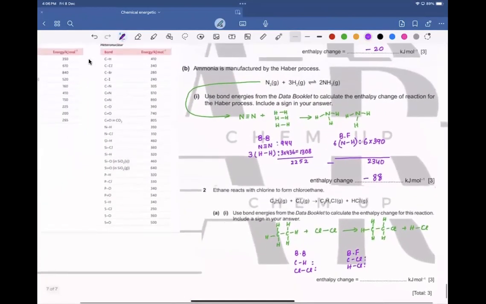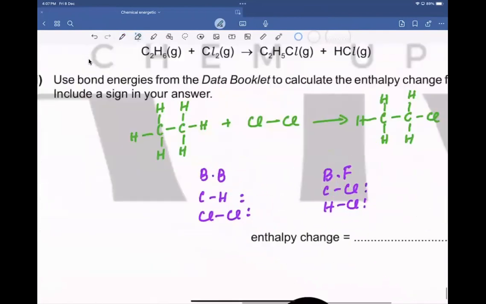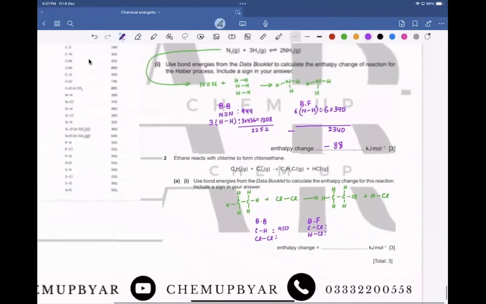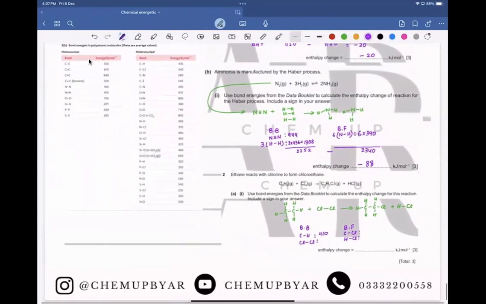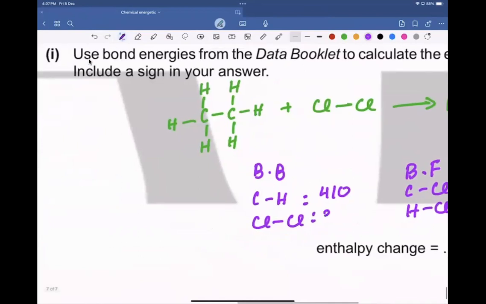Yes, sir. The bond energy of carbon hydrogen bond is 410 and carbon chlorine bond is 340. Now your answer is correct, Amna. Sir, I checked it from Google, that's why my answer is wrong. Carbon hydrogen bond is showing 413. It's 410 and 340. Okay.